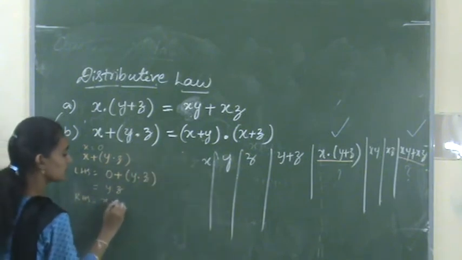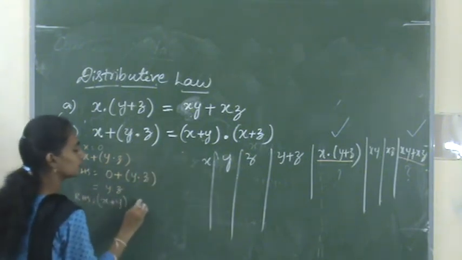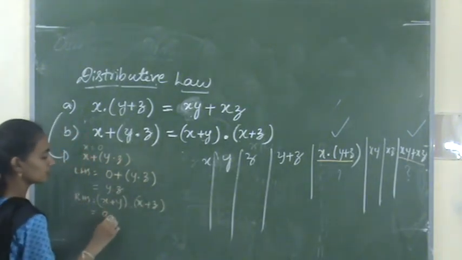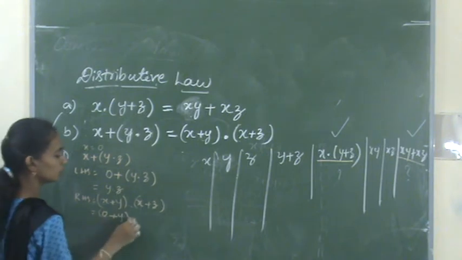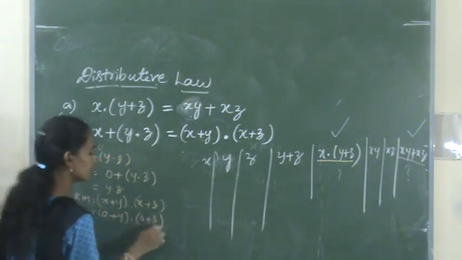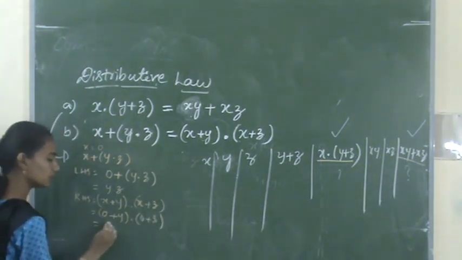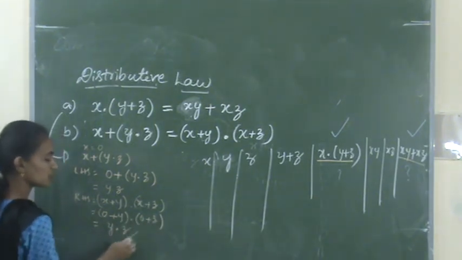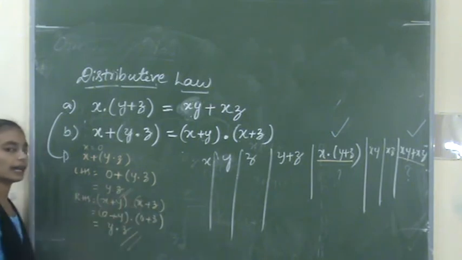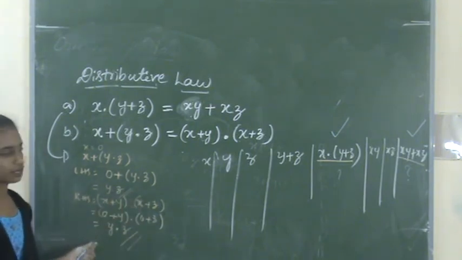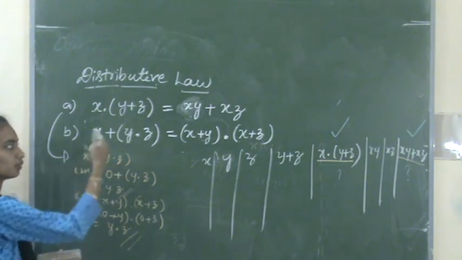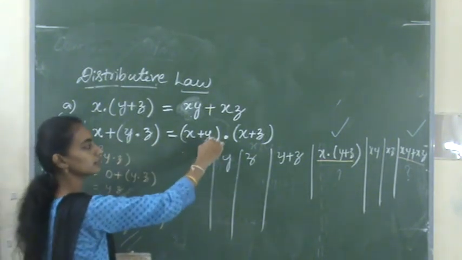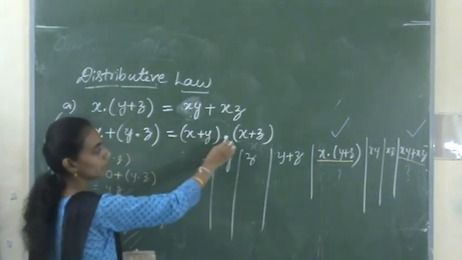That is x plus y into x plus z. So x value 0, 0 plus y into 0 plus z. So 0 plus y is equal to y, into 0 plus z is equal to z. So we get yz as both LHS and RHS.